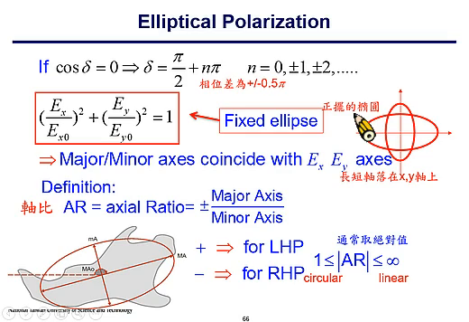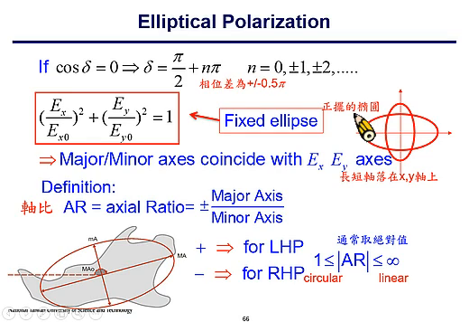So we know that for an antenna with good circular polarization property, you usually require the axial ratio to be smaller than 2 or 3 dB, right? 2 is the same as 3 dB. Which means for a circularly polarized antenna, the axial ratio should be smaller than 3 dB, or its absolute value should be smaller than 2.